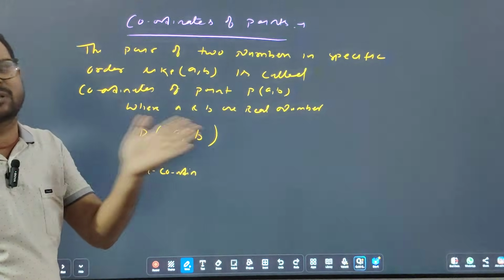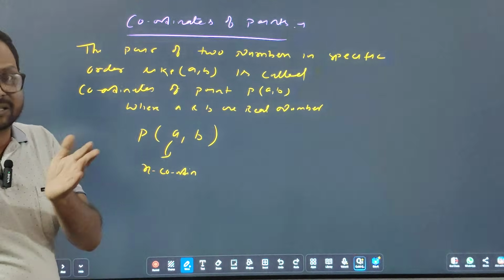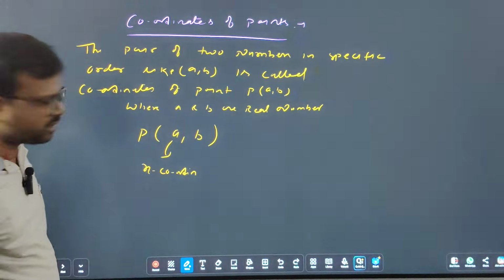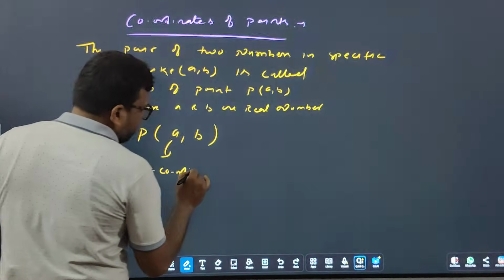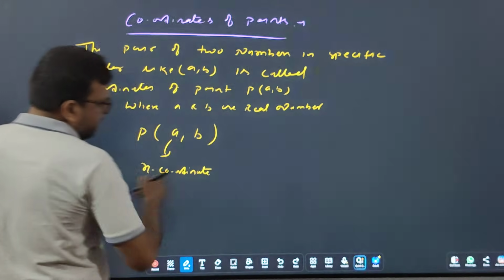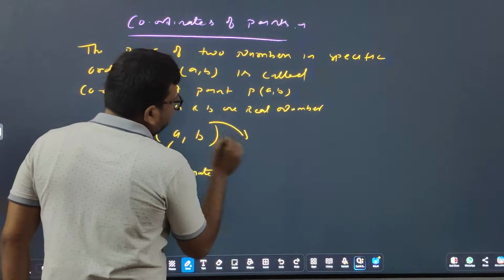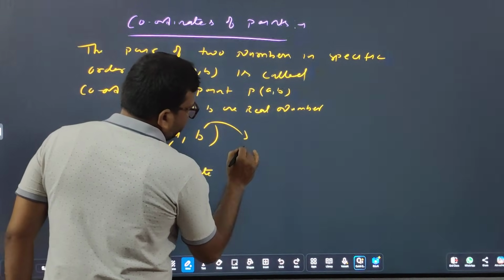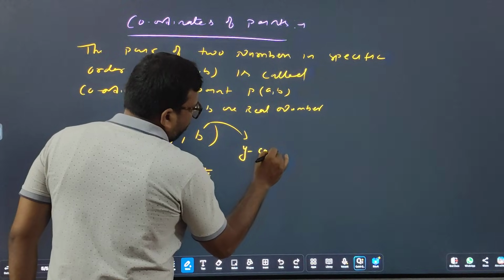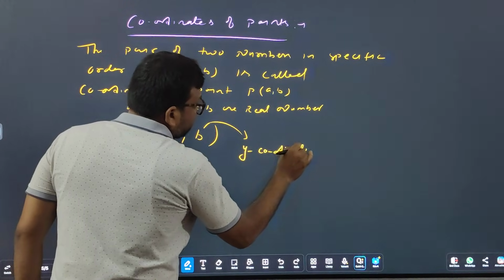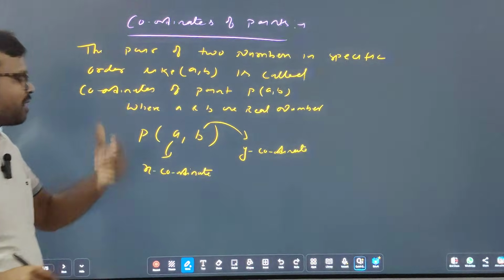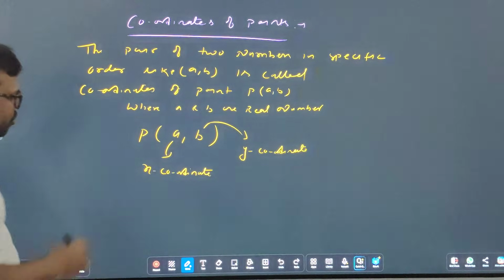After that, we will do the exercise and some problems related to coordinate geometry. This is x coordinate, and B is called what? Y coordinate.